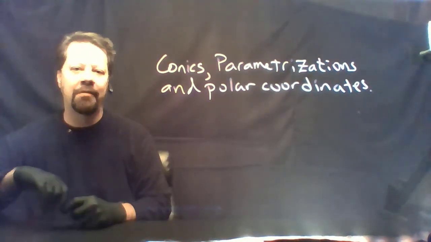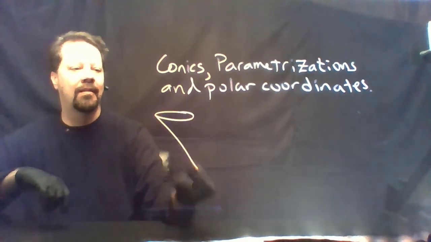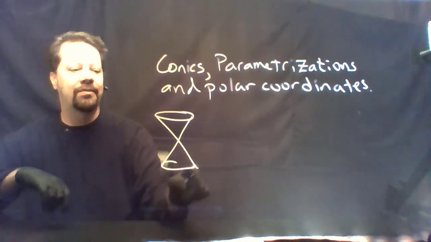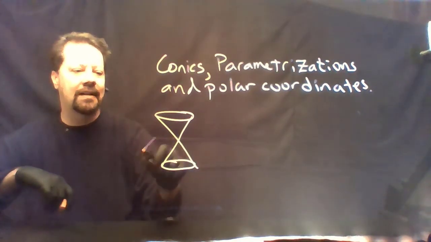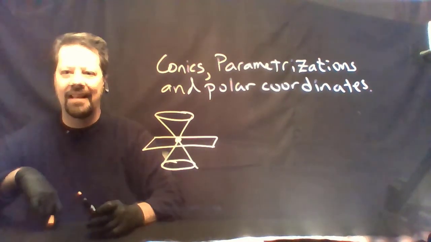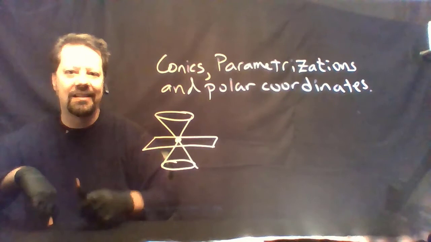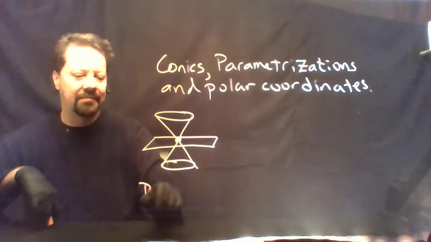We'll begin with a short review of what a conic section is. If you have a cone, and let's suppose that you slice it right through this point, that single point is a degenerate conic section. A single point.